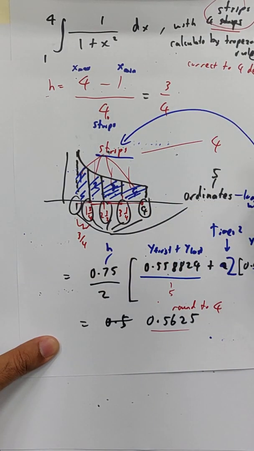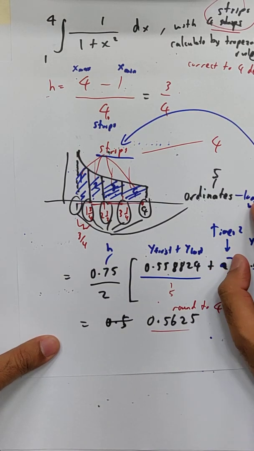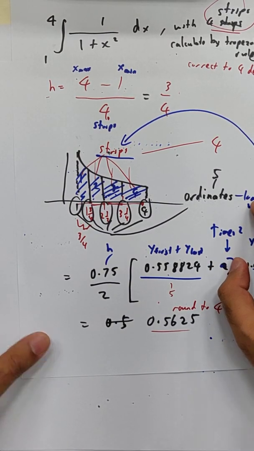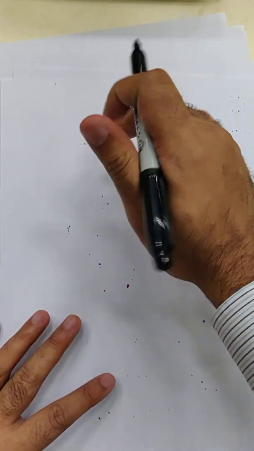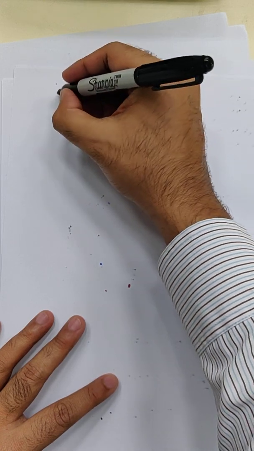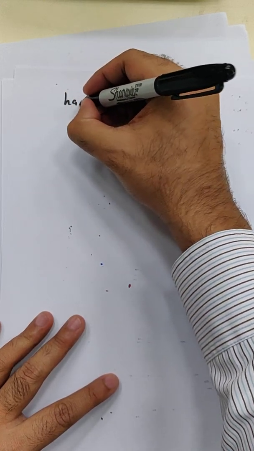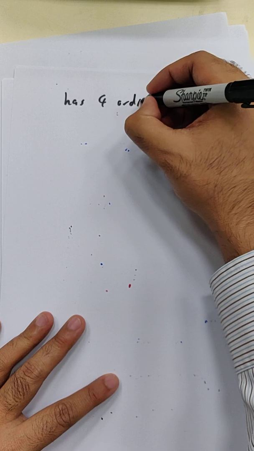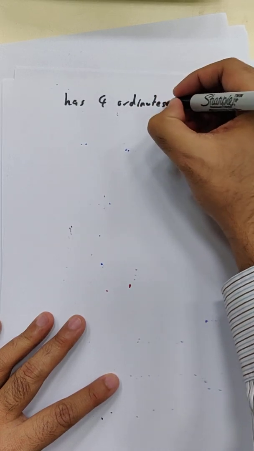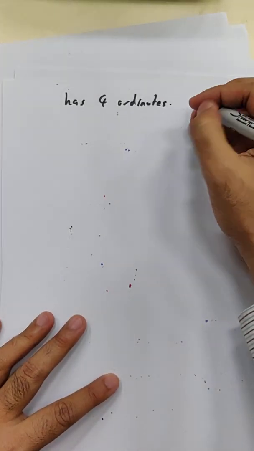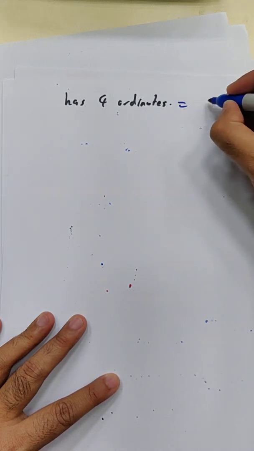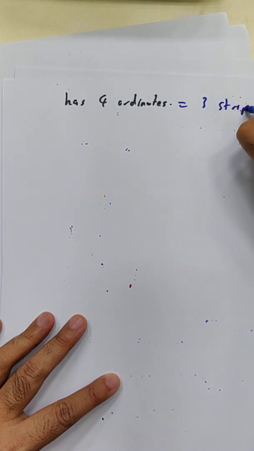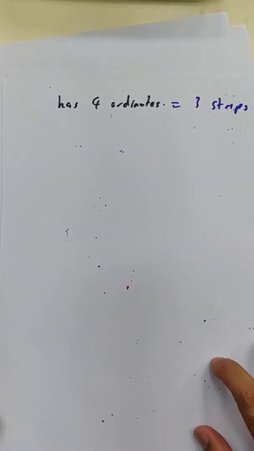Okay, so ordinates plus 1, since it's the longer word. So if I give you a question like this, if I say it has 4 ordinates, so basically how many strips? You guys okay?